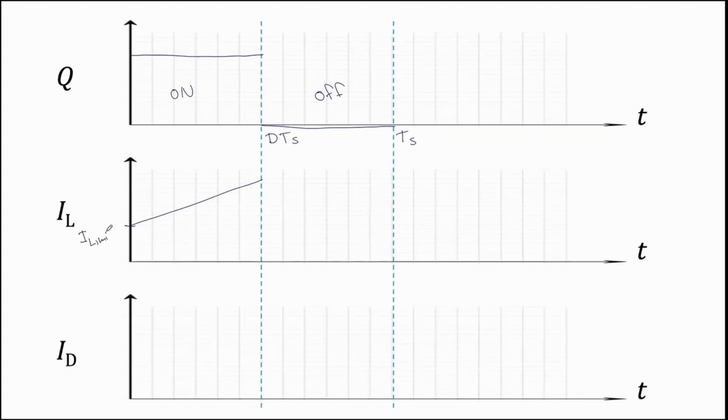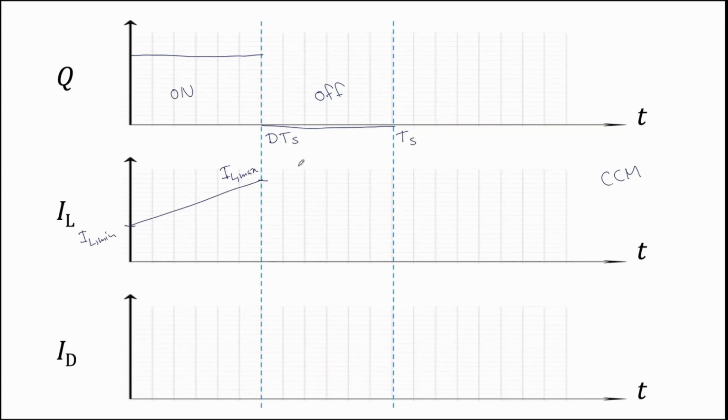This operates in CCM, continuous conduction mode, so the current will never go to zero. It will start with IL min and go up to IL max.